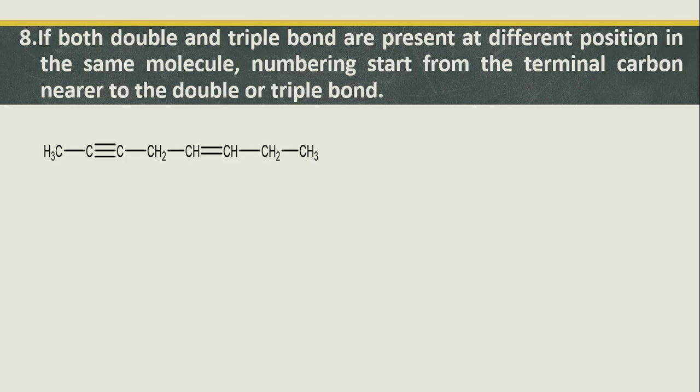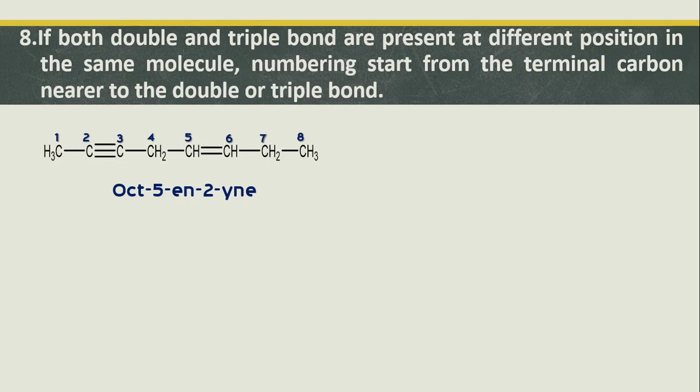So let's see the triple bond here. The triple bond lies on the second position, however the double bond lies on the 5th position, because the triple bond is nearer from the front end, however from the back end the double bond lies on the 3rd position, whereas the triple bond lies on the 2nd position from the front end. So the name of the compound will be oct-5-en-2-yne, because the double bond is on the 5th carbon atom and the triple bond is on the 3rd carbon atom from the other end.